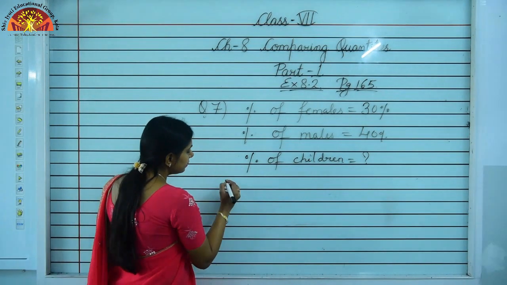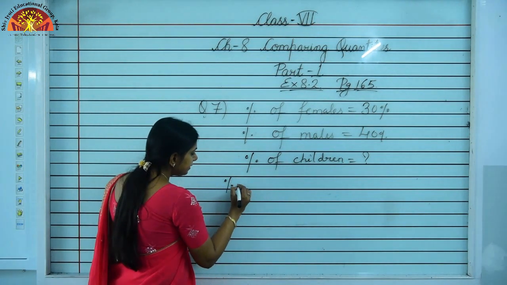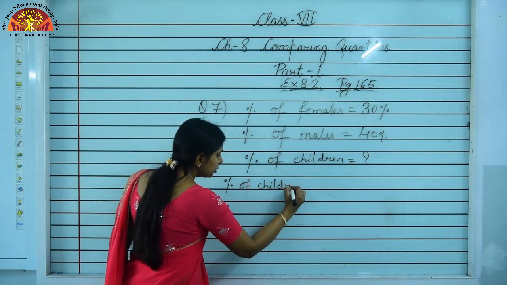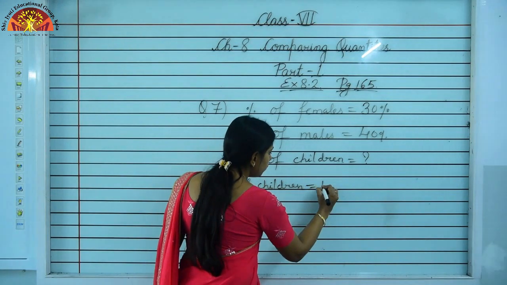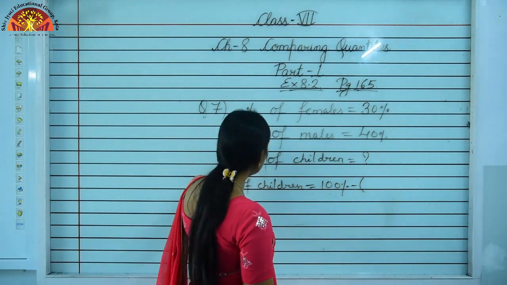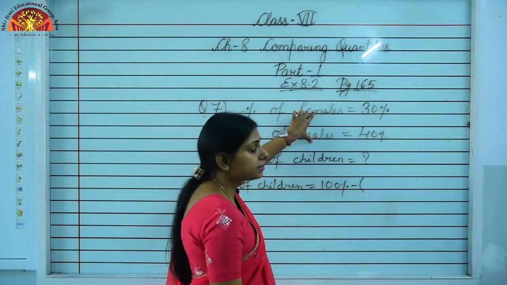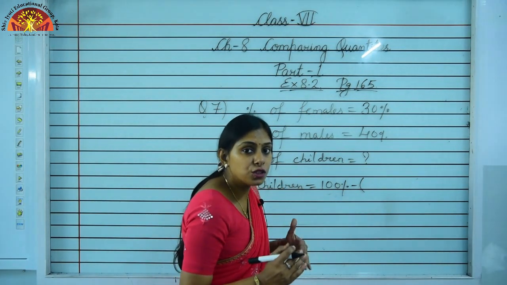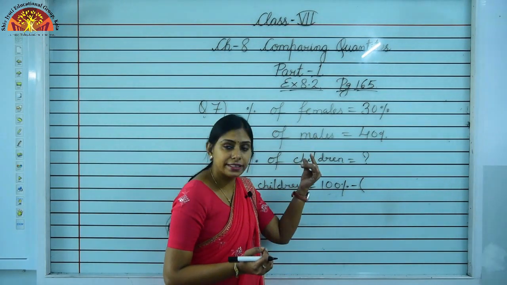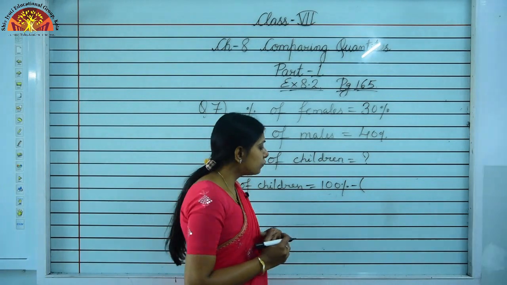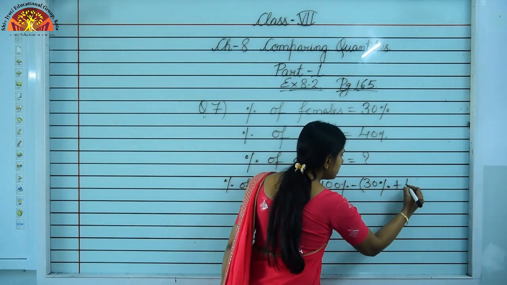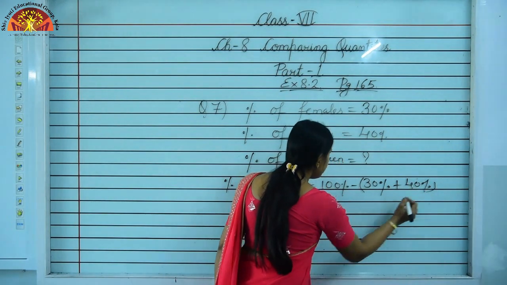So we can write that percentage of children is equal to 100% minus, what you will do, you will add the males and females percentage. If we have to find the percentage of children, what do we have to do? First of all, you have to add the percentage of males and the percentage of females, that is 30% plus 40%.